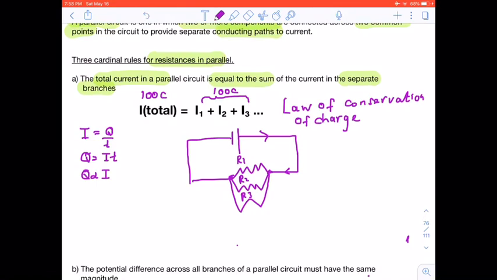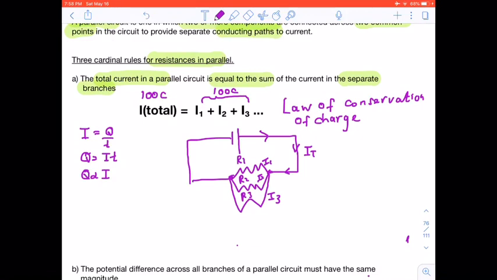So let's say we have a current here, and that current is I, the total current. When it comes to the resistors, you see that you have I1 there, and some goes in there. So let's say there's I2 and some coming through here. So if current in the circuit is moving from the positive terminal, it comes to these branches and it splits.